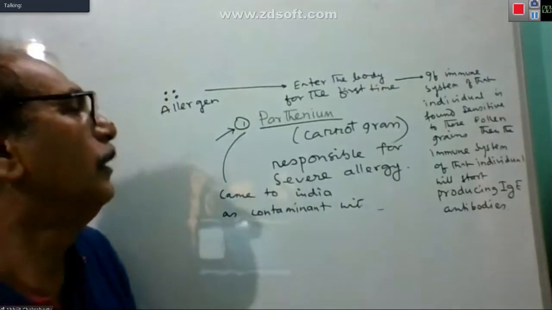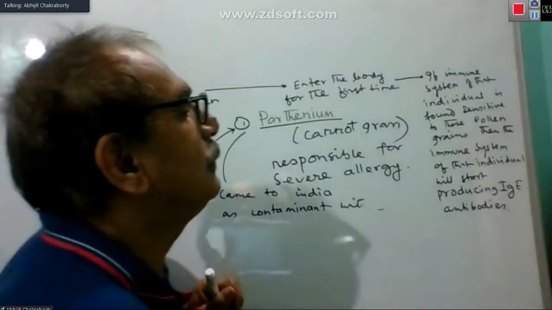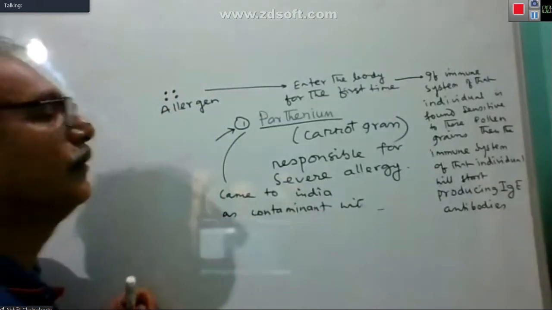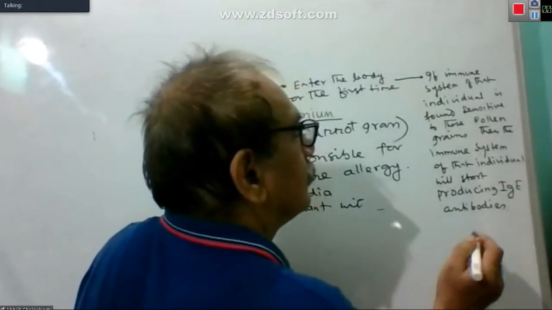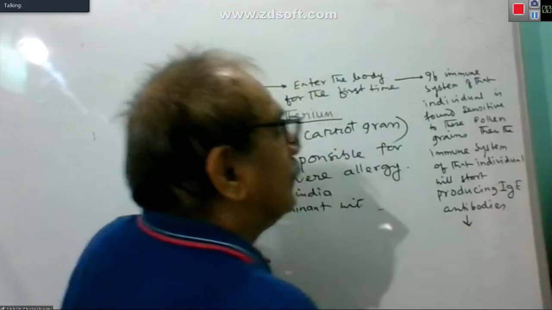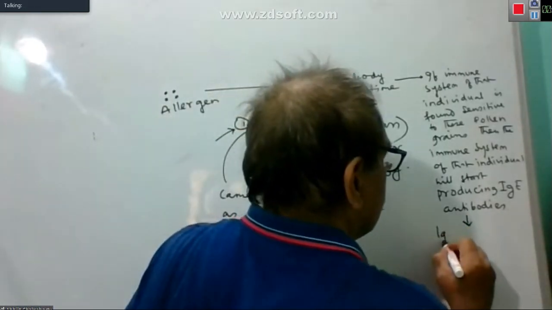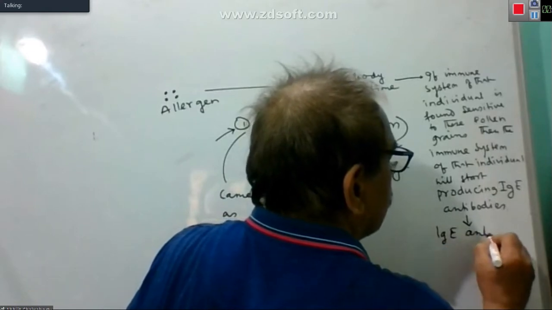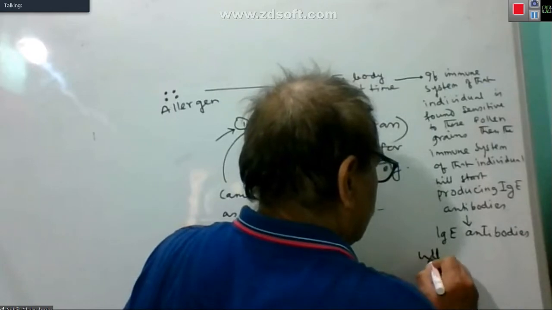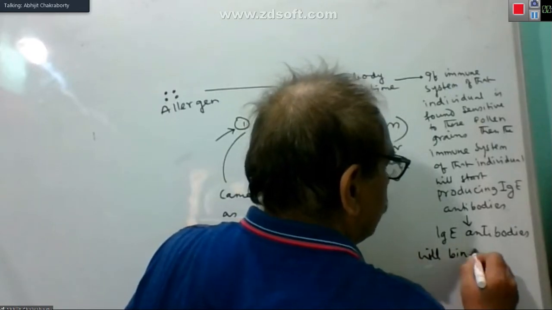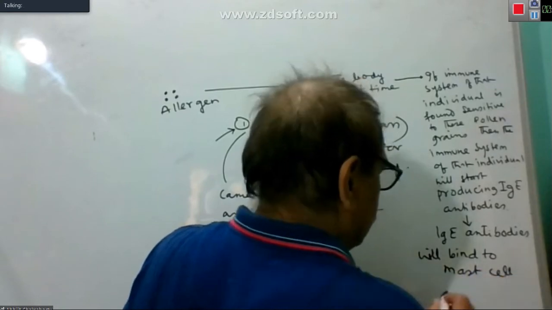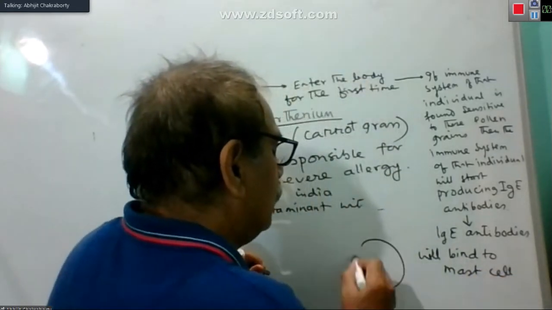Okay. Now what happens then? The individual will start producing IgE antibodies. What happens next? They will bind to a mast cell.